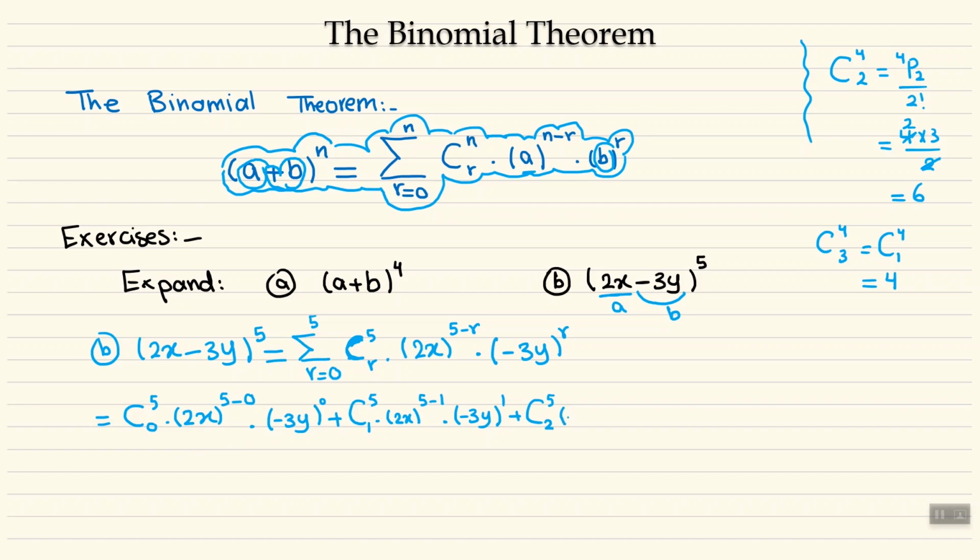So 5, 2, 2x to the power of 5 minus 2 times negative 3y to the power of 2, plus combination 5, 3, 2x to the power of 5 minus 3 times minus 3y to the power of 3, plus combination 5, 4, 2x to the power of 5 minus 4 times minus 3y to the power of 4.